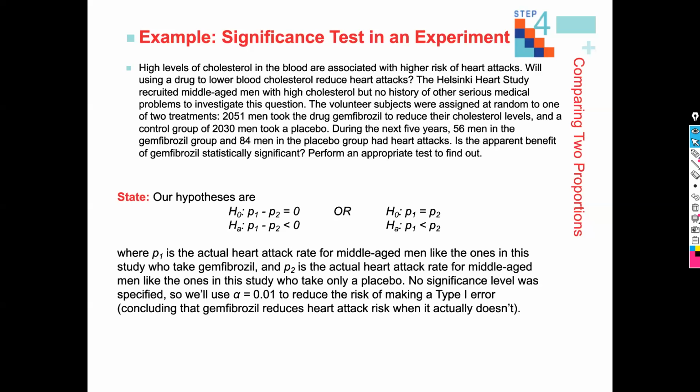In other words, we don't want to put a drug out on the market that doesn't work. And so we are erring on the side of caution in that regard. That means a type 2 error is more likely, but we are reducing our chances of a type 1 error. So that's what your null and alternative should look like.